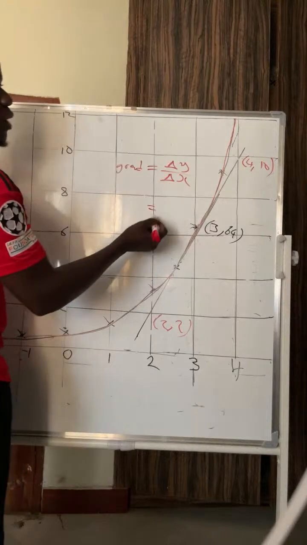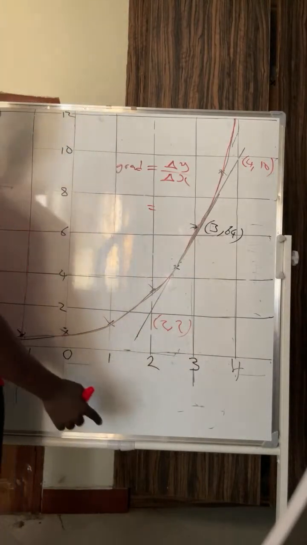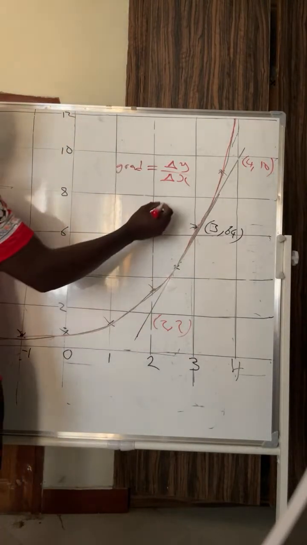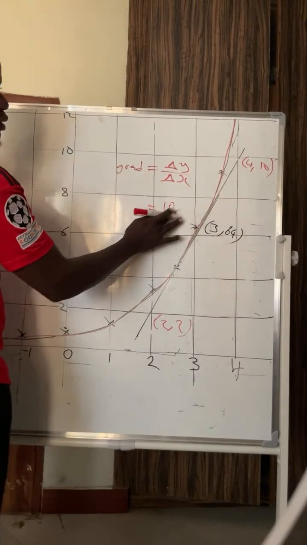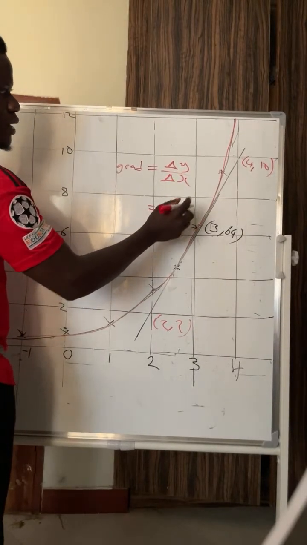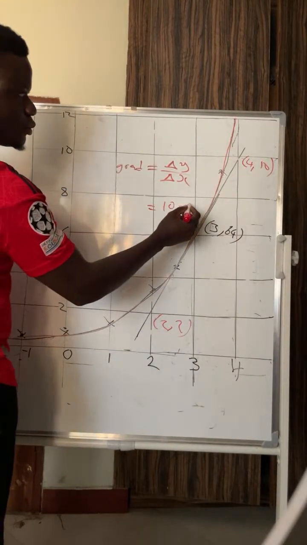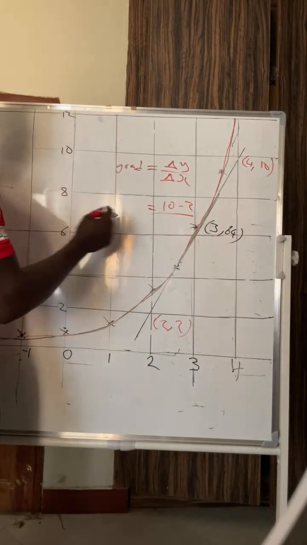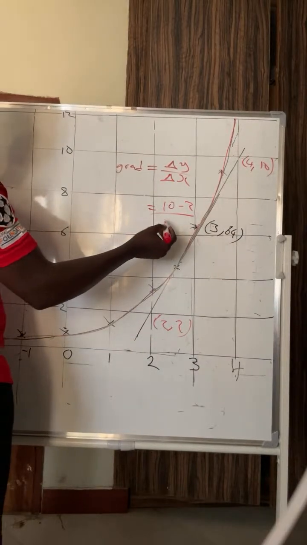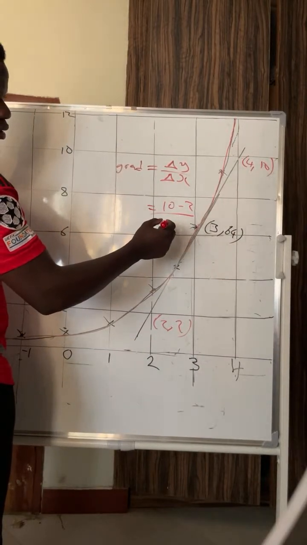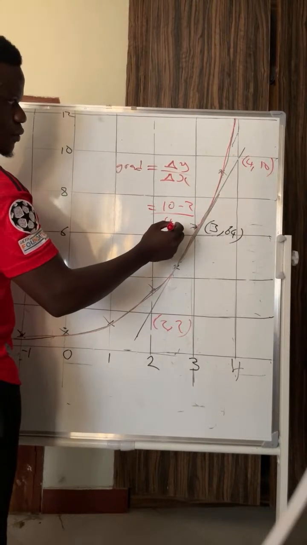So the change in y is 10 minus 2, over the change in x, which is 4 minus 2.